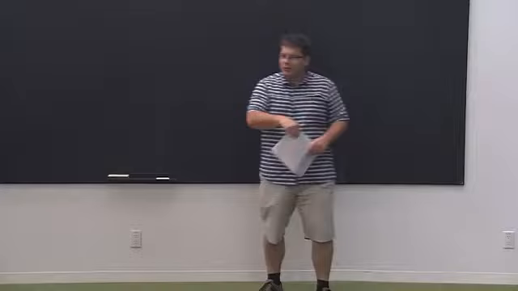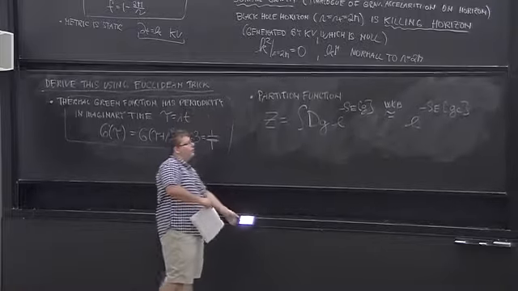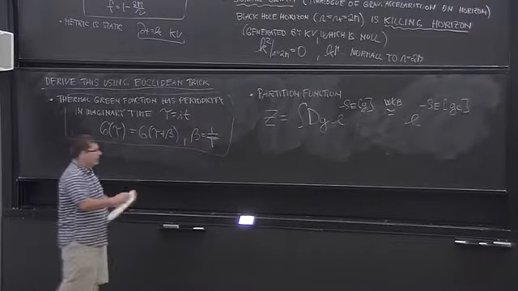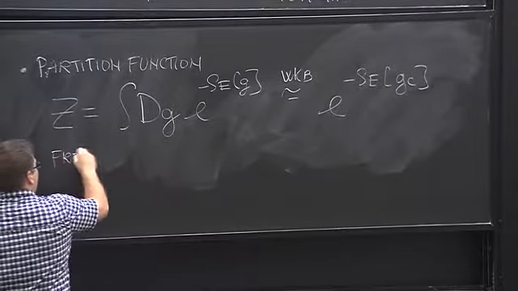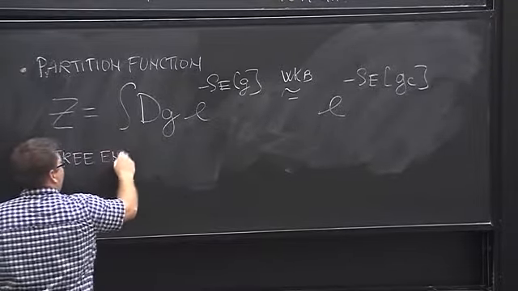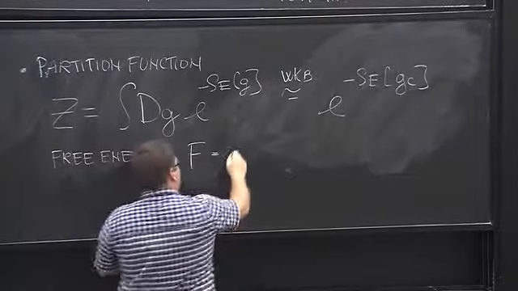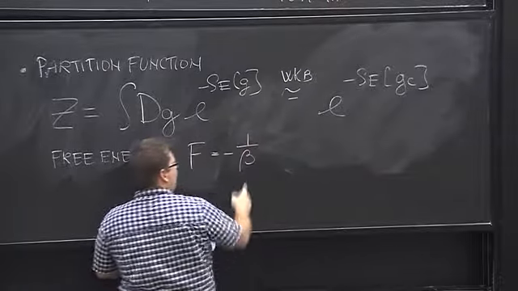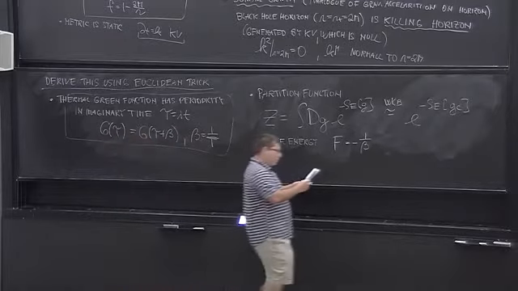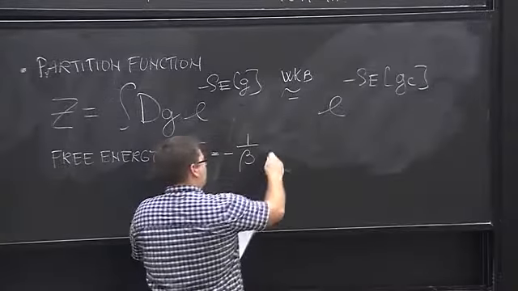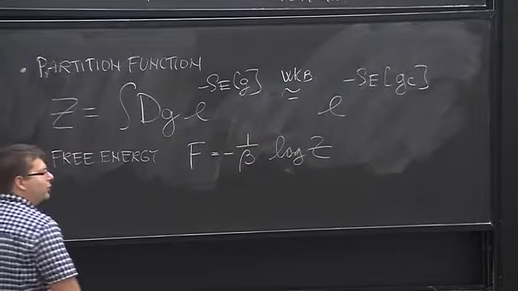And then once you know the partition function, you can use the machinery of statistical physics. In particular, you can calculate the free energy. So the free energy F is simply given by minus 1 over beta, which is this periodicity of my Euclidean time, times the logarithm of Z. And then you can also calculate the entropy.